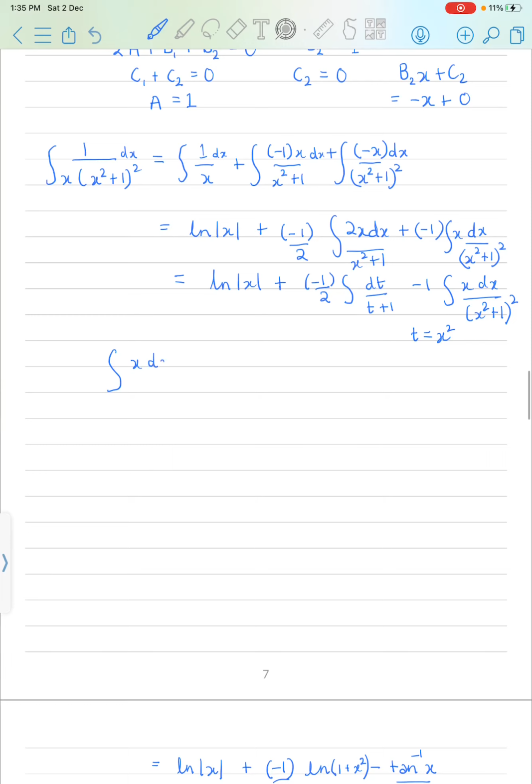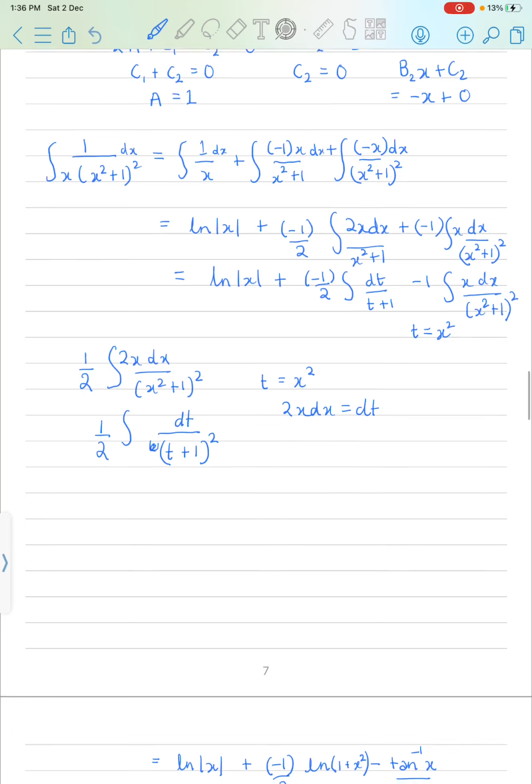Can you integrate this? Divide by 2 and multiply by 2, then take t equal to x square, so you get t plus 1 squared, and 2x dx is equal to dt, so you will get dt here and 1 by 2 here.